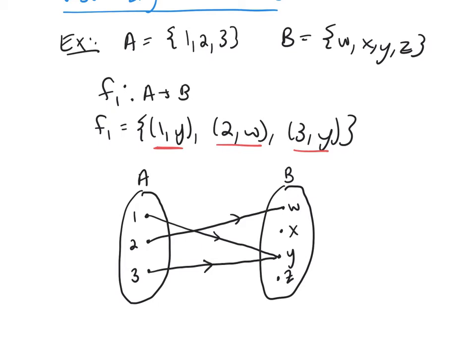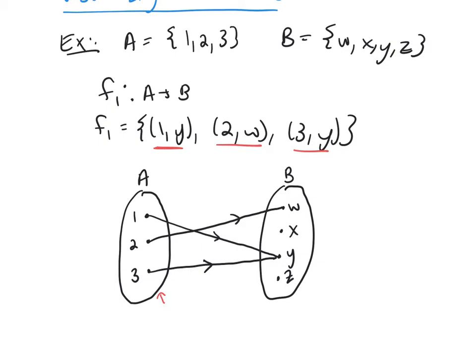Now what's really nice anytime you can visualize these things is it makes it easier for you to understand it. In particular, it's easier for me to see that this is a function because you should have coming out of your elements here, everything should have an arrow coming out, and there should be exactly one arrow coming out.